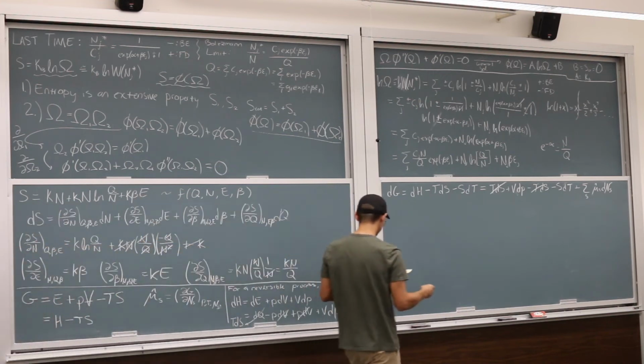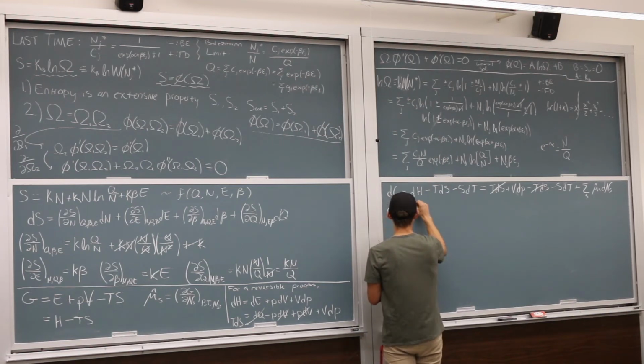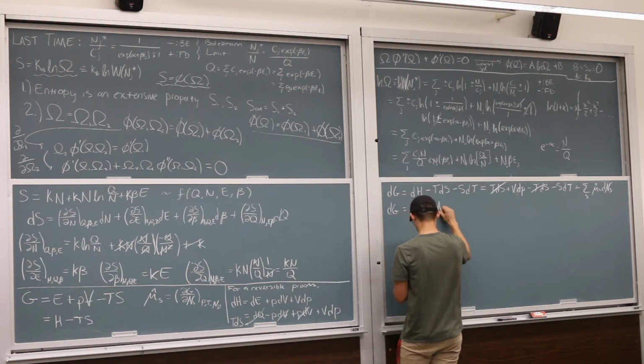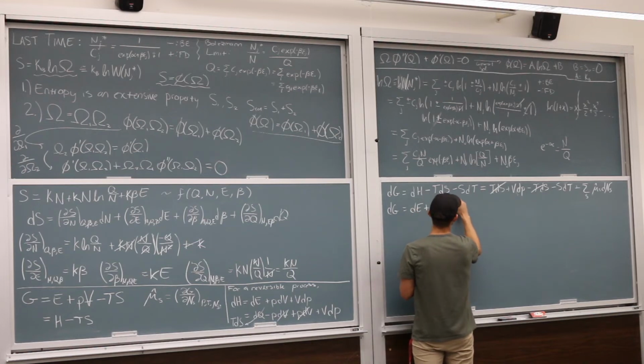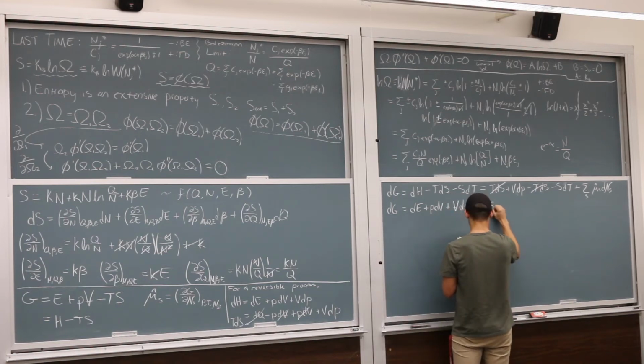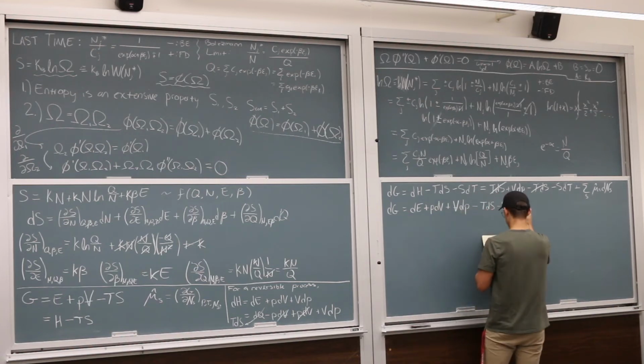Okay. So if we do that, same thing, dG is now dE plus d(PV), which is P dV plus V dP, minus T dS minus S dT.